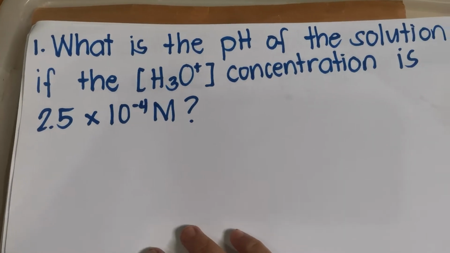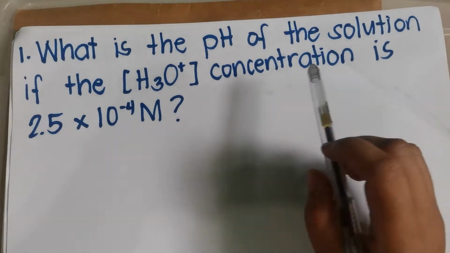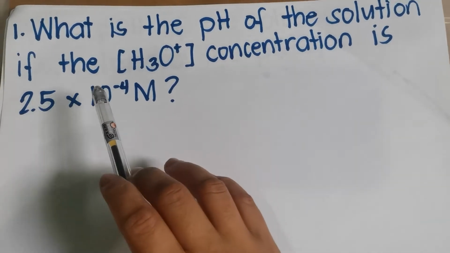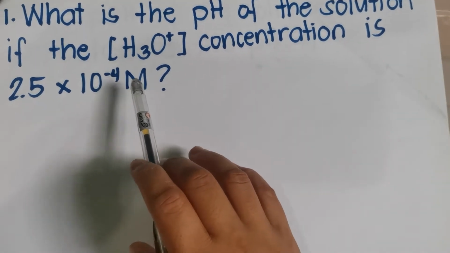The first problem is: what is the pH of the solution if the H3O plus concentration is 2.5 times 10 raised to negative 4 molarity?